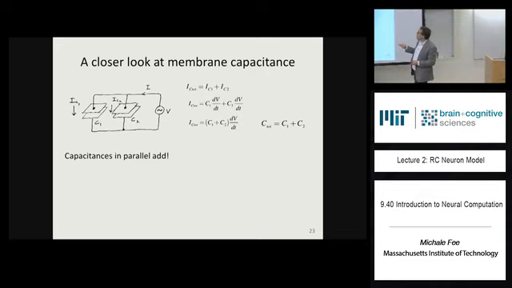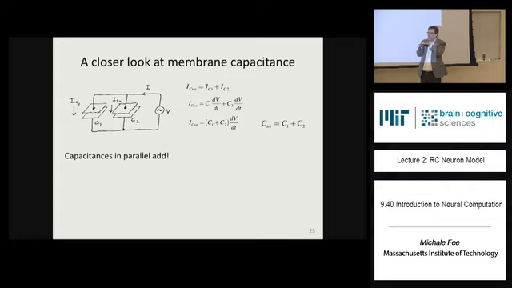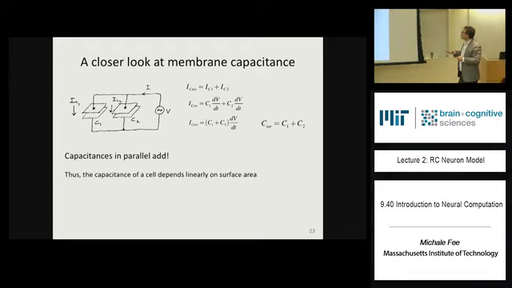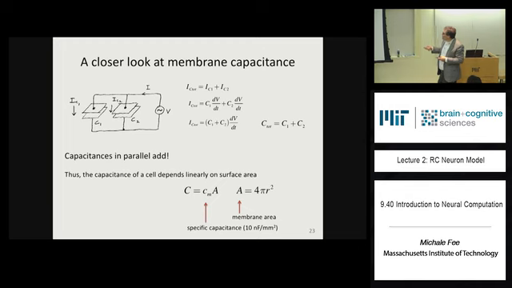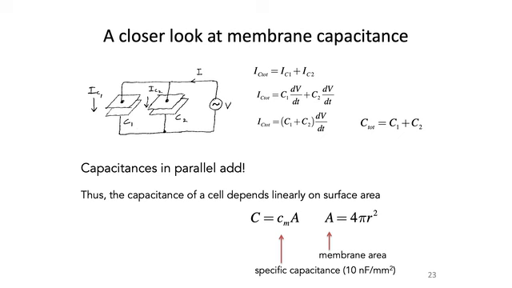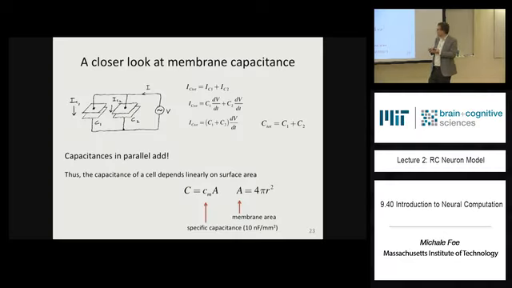So if you have a patch of membrane, you measure the capacitance. If you put another one next to it, you'll get the sum of those two capacitances. So the capacitance also scales with area. So we can write down the total membrane capacitance as capacitance per unit area times the area of the cell, right?